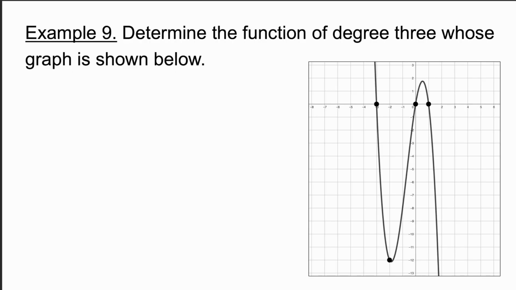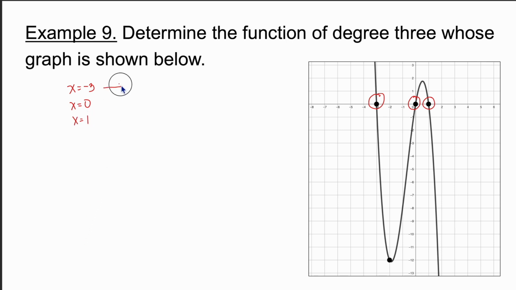So, for example, let's determine the function of degree 3 whose graph is shown below. So, first, we have to check nasaan ba yung zeros ng ating function. So, we have at negative 3, we have at 0, and we have at positive 1. So, what are the zeros? We have x equals negative 3, x equals 0, and x equals 1.